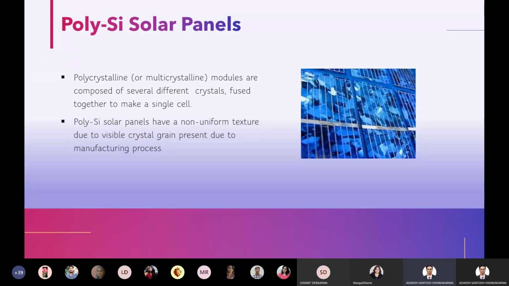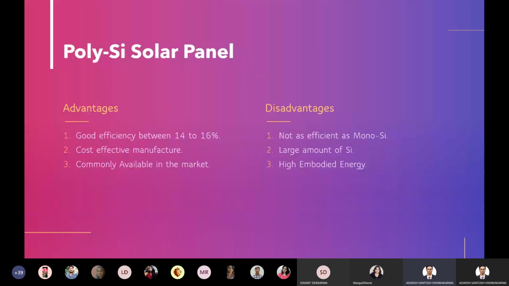Polysilicon solar panels. These solar panels are composed of different crystals fused together to make a single cell. Generally, they have a non-uniform texture due to the visible crystal grain, which is due to the manufacturing process which is used. So these monosilicon solar panels and polysilicon solar panels can be differentiated visibly.